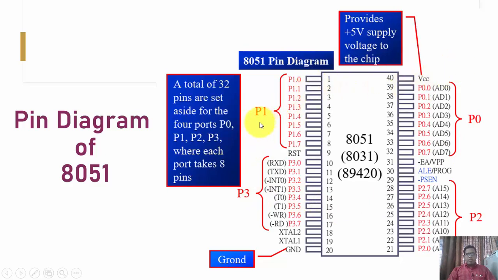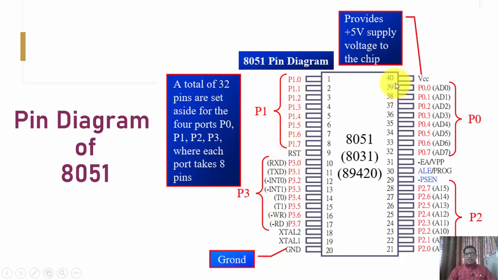In the sense, when we focus on port P1, it starts from pin number 1 and ends at pin number 8. So pin number 1 is P1.0, then P1.1, P1.2 and so on. Each port is basically 8 bits wide.